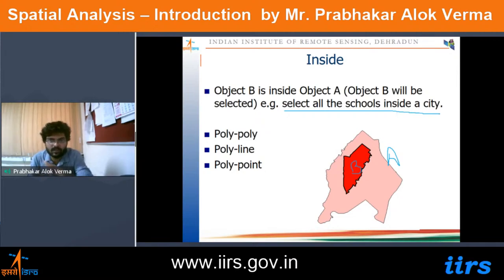Just focus here. In case of inside relationship, whatever features are inside the other feature will be selected. So here B is inside A, so feature B is getting selected. A is not getting selected. The inside feature is getting selected.